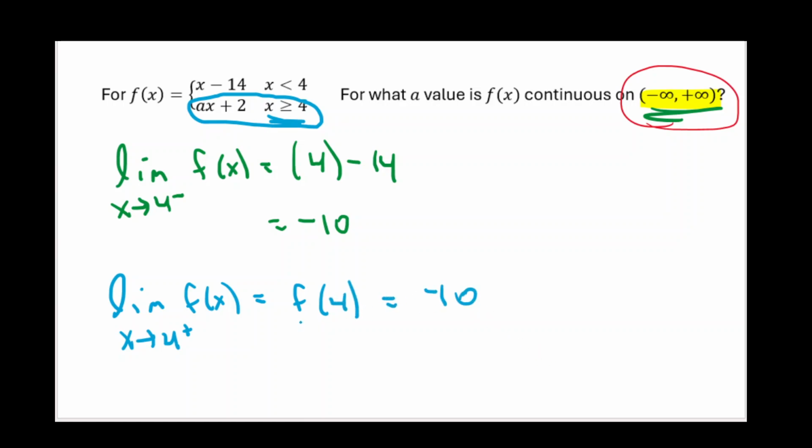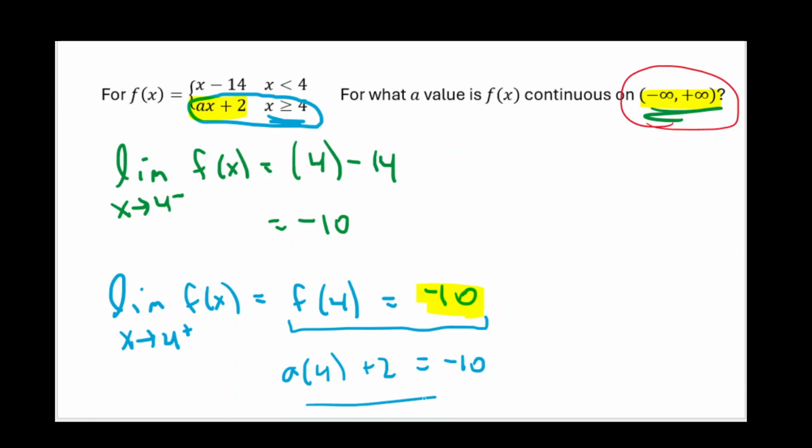It's easier to just focus on the function itself because the left-hand limit is part of the same rule. So if I sub 4 into the function rule, I want the answer to be -10. So f of 4 is a times 4, plus 2. I need that to be equal to -10 so that there's continuity.